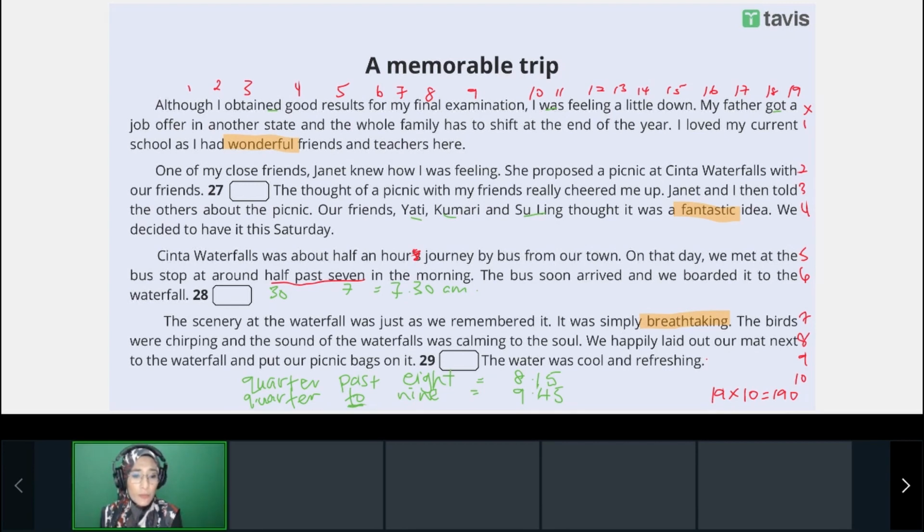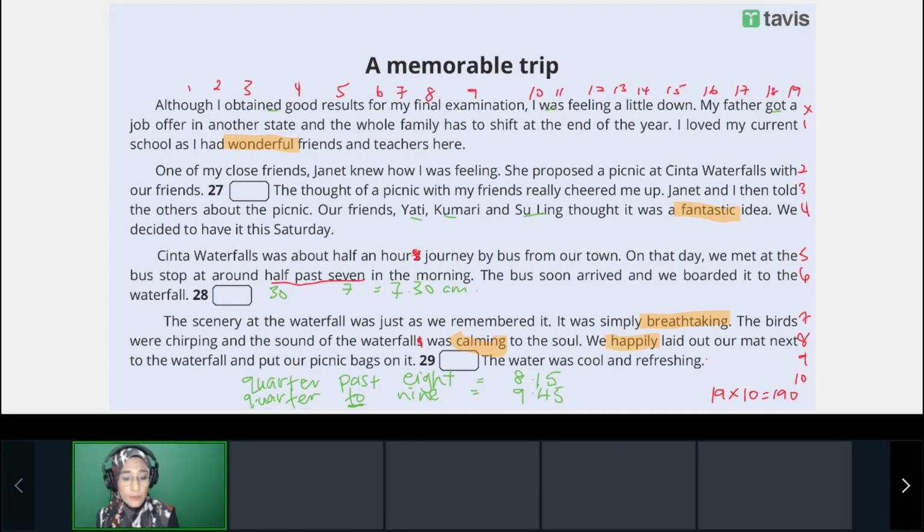The sound of the waterfall was calming to the soul. So another word, calming. And "we happily" is an adverb.